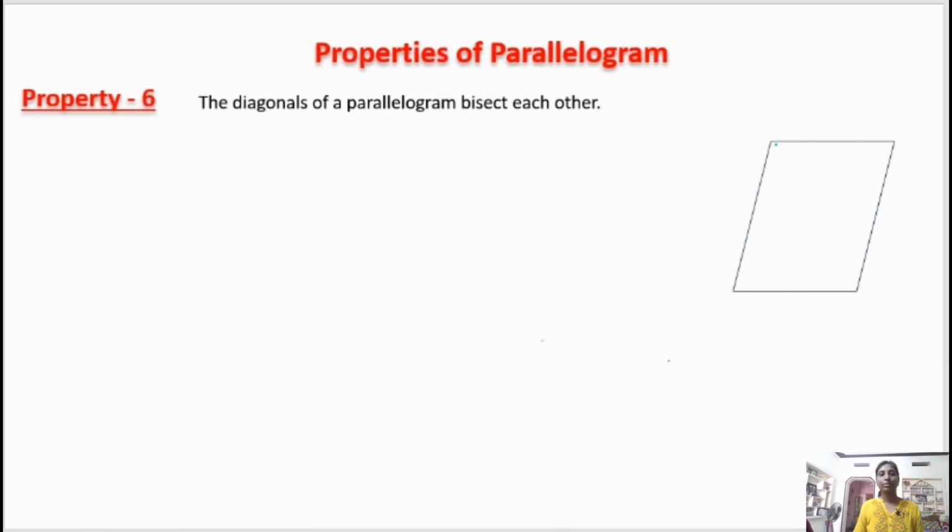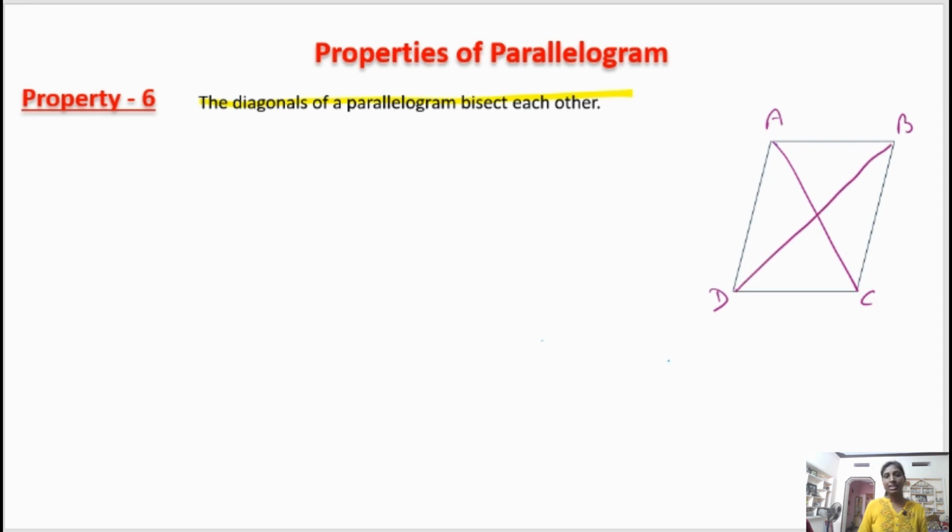So now we have property number 6. Let us read the property. The diagonals of a parallelogram bisect each other. It means, suppose we have a parallelogram ABCD, and we have two diagonals, say AC and another diagonal BD.